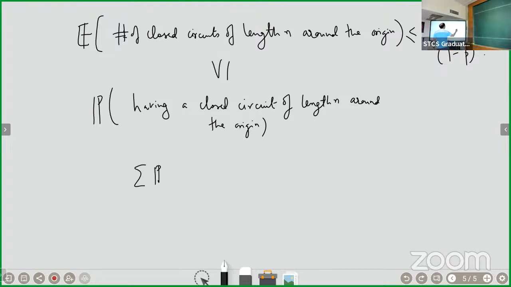So let's call this P closed, and for the relationship, the sum of P_n for all possible n, I want this to be, at least for the moment, finite. Then we'll worry about making it smaller than 1. That's the bound I have.